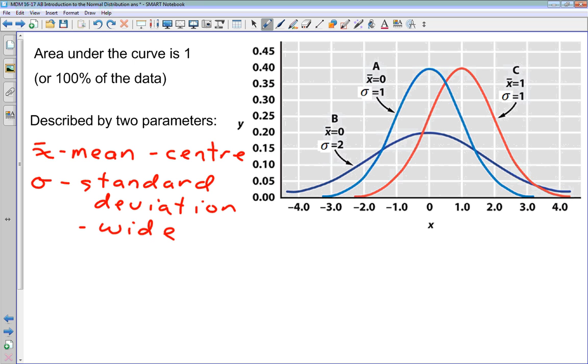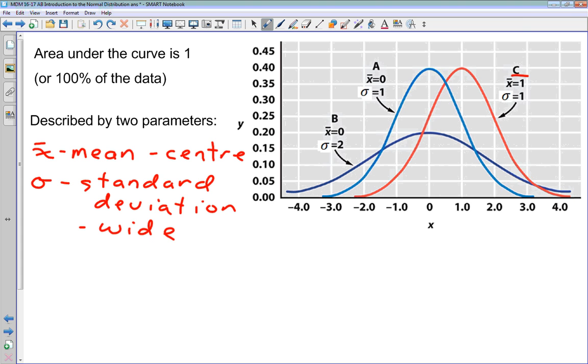If we change the mean to a mean of 1 and we keep the standard deviation the same, we're just shifting that curve over so that it is now centered at a value of 1. And that's what we have here in curve C. If instead we keep the mean exactly the same, the mean is 0, and we just make the standard deviation bigger, the curve gets wider. Okay? Area underneath the curve is still the same.